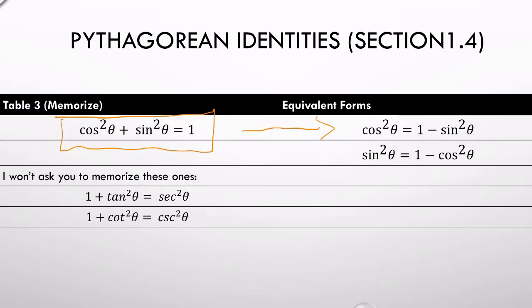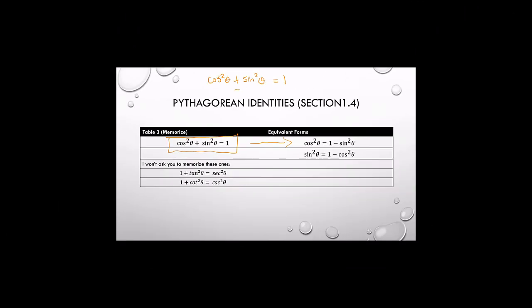Well, you just simply subtract either sine squared theta or cosine squared of theta from 1 to get the one or the other. So if I subtracted sine squared of theta from each side of the equation, I would get the first equivalent form. Okay, that is that cosine squared of theta equals 1 minus sine squared theta.